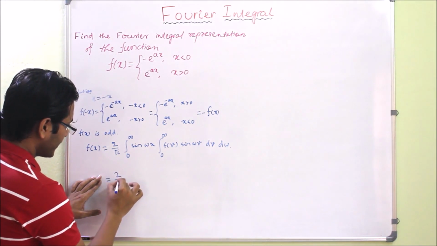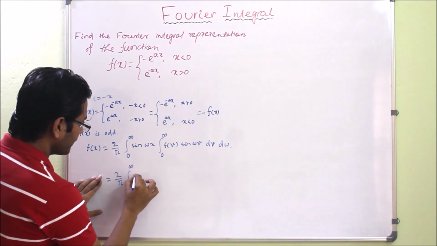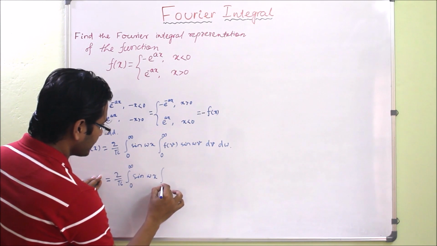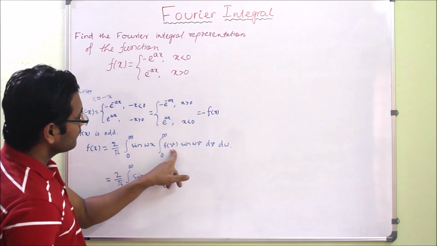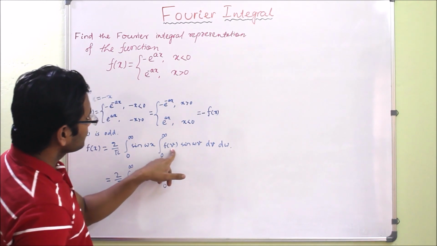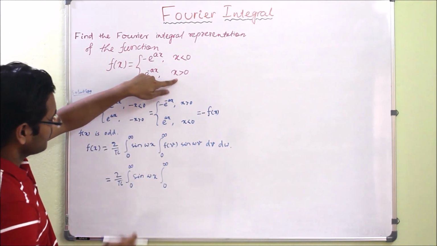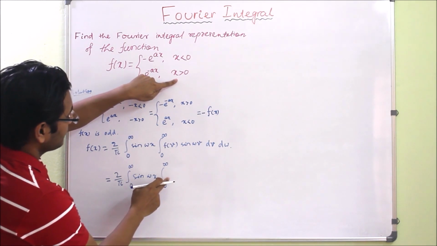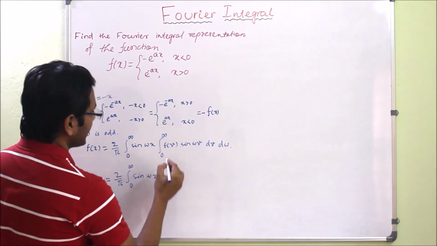So we will write 2 by pi, integral from 0 to infinity of sine wx, then integral from 0 to infinity of f of v. Since we are integrating from 0 to infinity, v is greater than 0, so we have the function e to the power minus av.